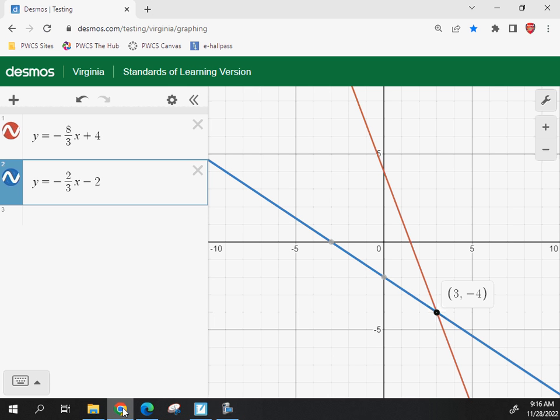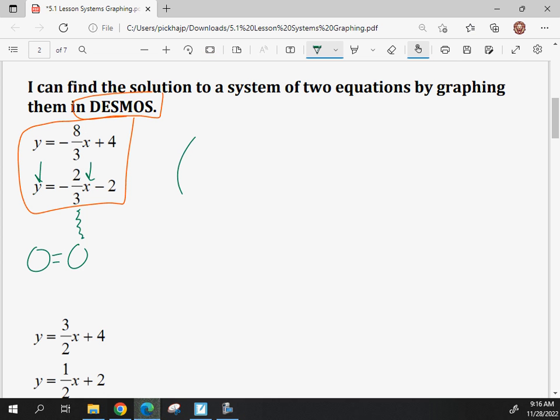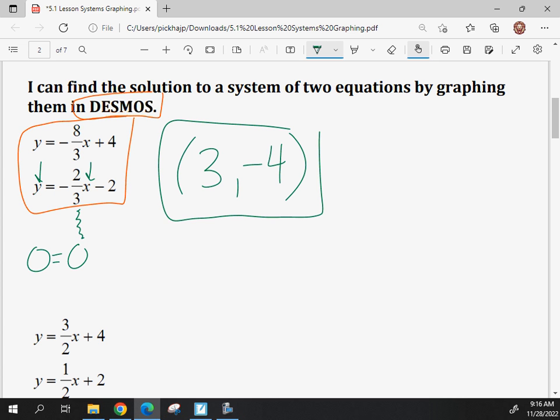So these two equations intersect at this point, 3, -4, and that's what we would call a solution to our system of equations. A solution to a system of equations is always going to be a coordinate.